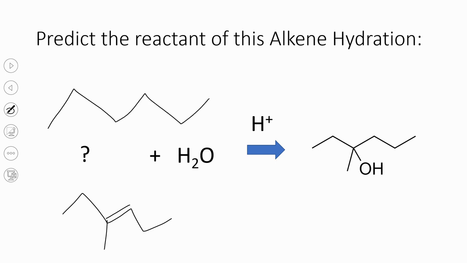Tell me if this could also work. Okay, and what about this one? Could this also work? Let's see, 1, 2, 3, 4, 5, 6. Okay, I'm just making sure I'm counting my carbons. What about this? Would that also be an option?